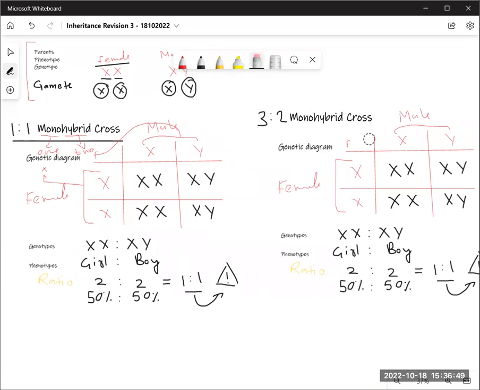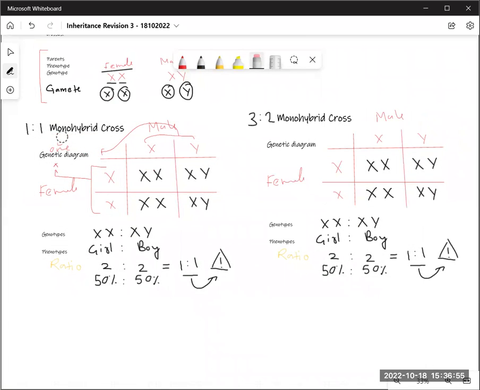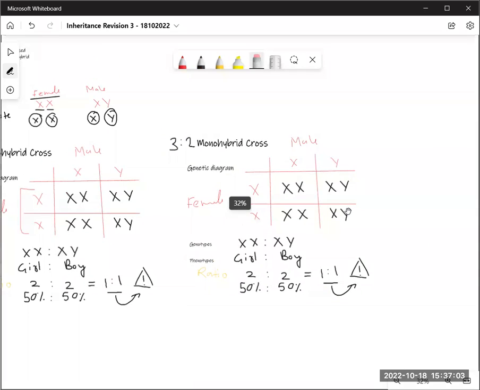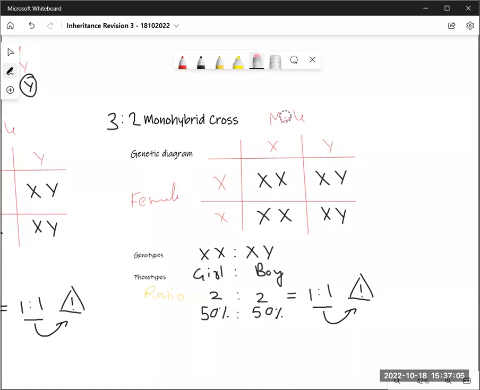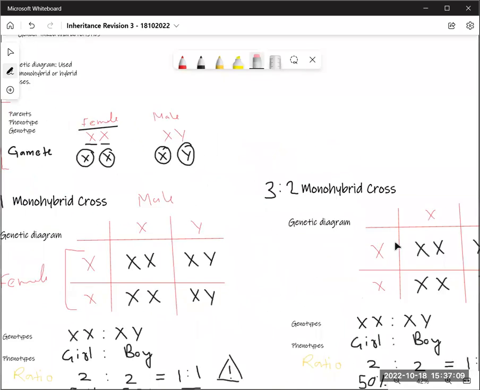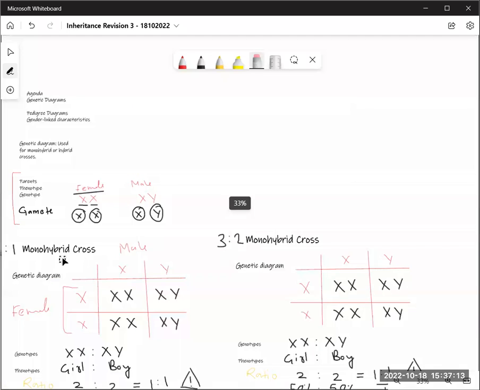Is it female or male in the question itself? Yes. They will always give you that in the question. Now let's focus on this. The names don't really matter that much, but you need to know what it means. Now in this case, we'll have something else. Let's say instead of male and female, let's take something else. We'll first look at the parents here.